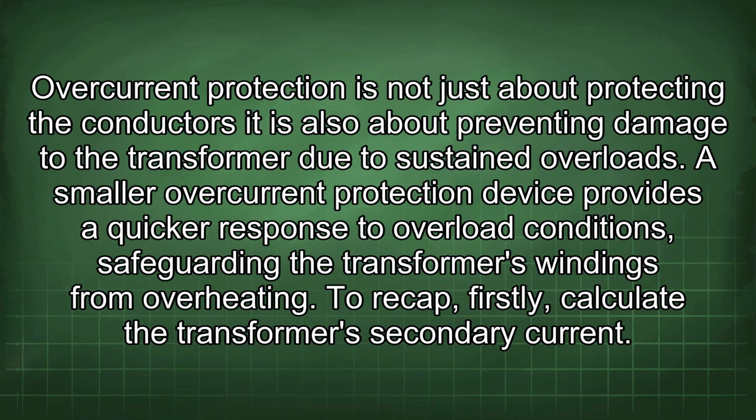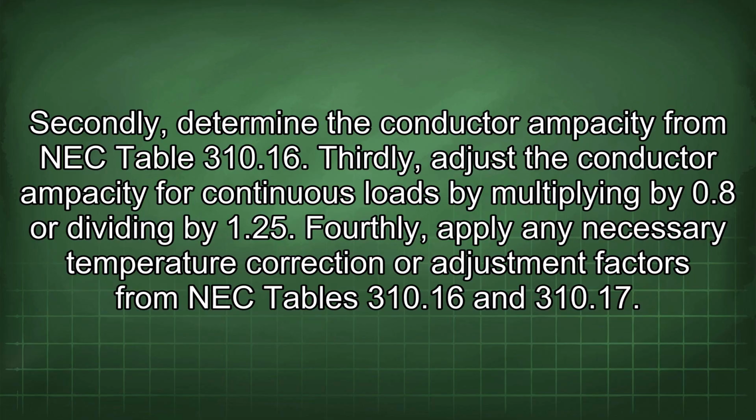To recap, firstly, calculate the transformer's secondary current. Secondly, determine the conductor ampacity from NEC Table 310.16. Thirdly, adjust the conductor ampacity for continuous loads by multiplying by 0.8 or dividing by 1.25. Fourthly, apply any necessary temperature correction or adjustment factors from NEC Tables 310.16 and 310.17.